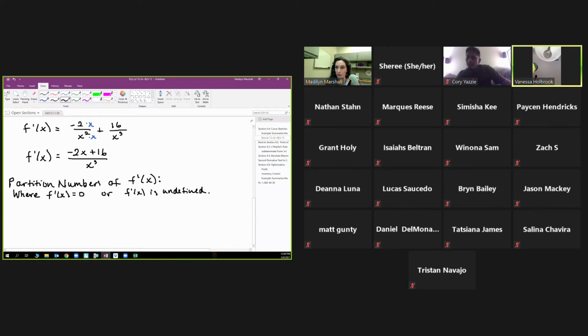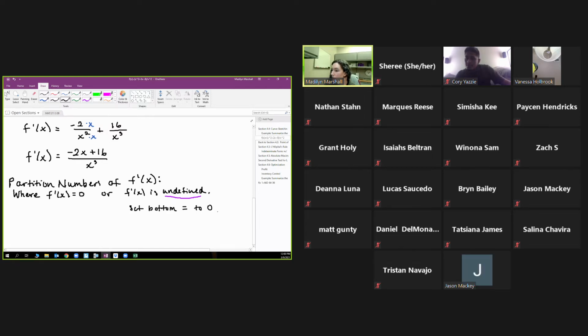So it would be undefined because you can't have 0 on the denominator, correct? Right, exactly. So if we have f prime is undefined, we would set the denominator equal to 0. Exactly. So set the bottom equal to 0. So the denominator is x cubed, which means x equals 0.